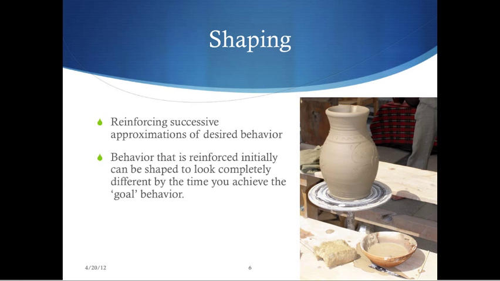So now when we say stand up, she just rears back and then stands on her hind legs and dangles her front ones out in front of her, and it's like sitting pretty, but she's actually standing. So we took one behavior of sitting and completely changed that into standing with your paws dangling to look cute. It's a completely different looking behavior, but that was the goal behavior. That's what we wanted. Right?